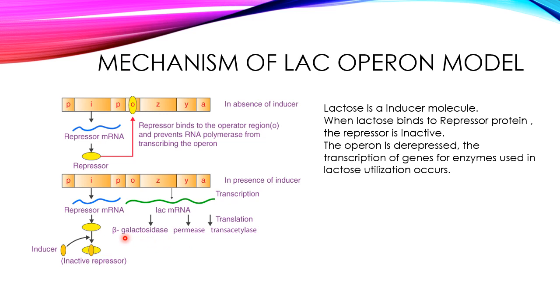And these two enzymes, beta-galactosidase and lactose permease, are helpful in the lactose utilization in the E. coli. And this is possible only when the lactose is present in the medium outside the cell. Okay, I hope the explanation is clear.